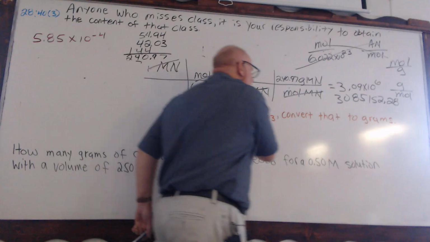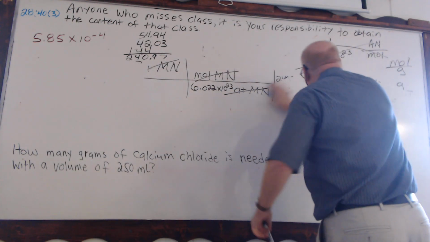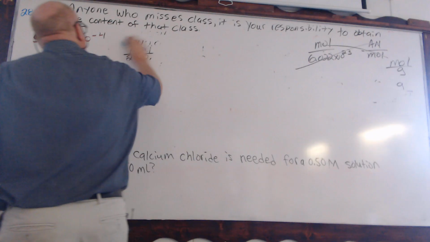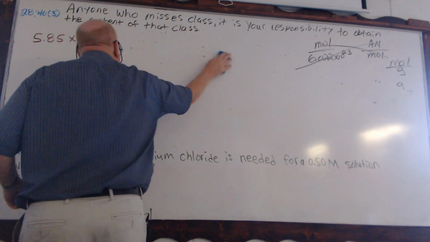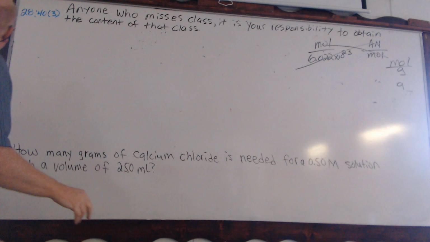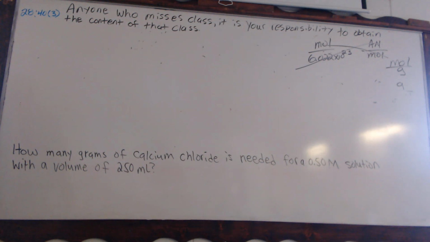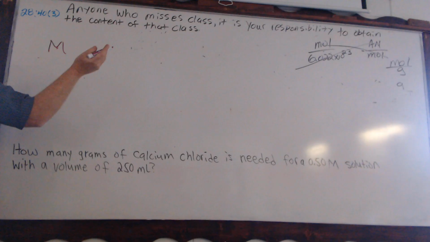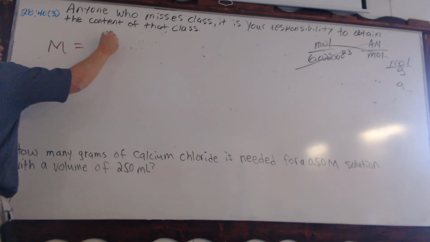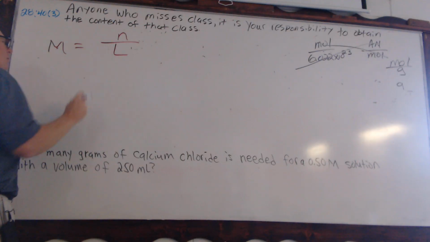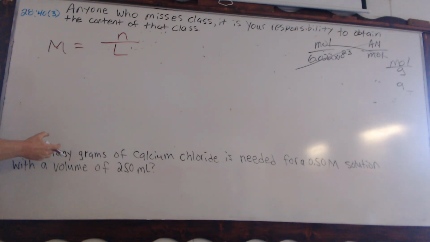So what we need to do then is remember there is a formula for this. Just like velocity, there is a formula for that. Acceleration, there is a formula for that. So what we want to do here is say our molarity, whatever it is, equals the number of moles of that substance divided by the volume of whatever you're trying to make here.